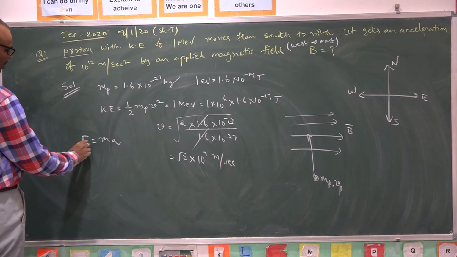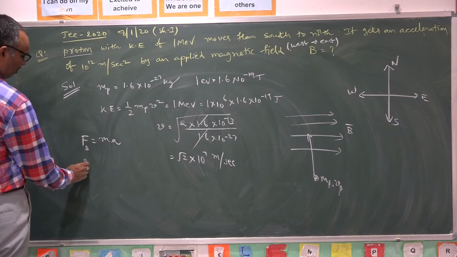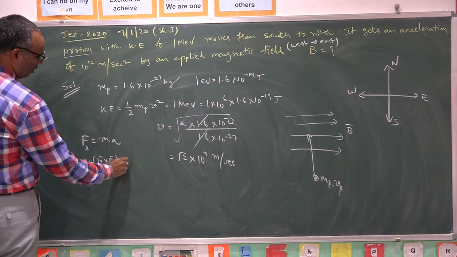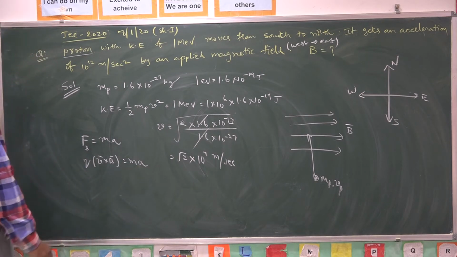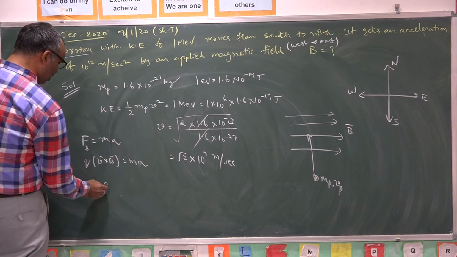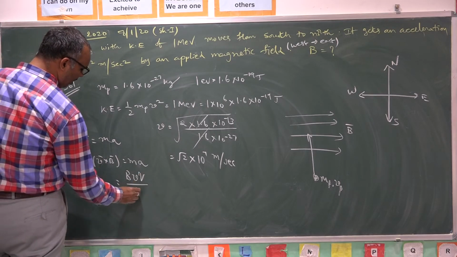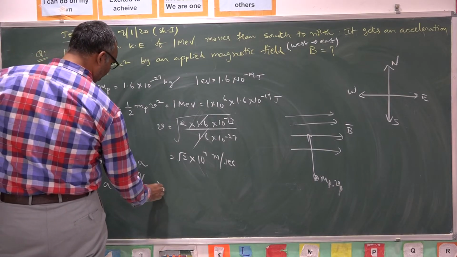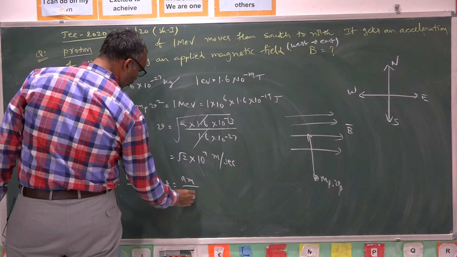Here force is given by the magnetic field: Q into V bar cross B bar is equal to MA. Here V and B are perpendicular to one another, sin 90 is 1. So acceleration is equal to BVQ by M. But we require the strength of the magnetic field, so B is equal to AM by VQ.